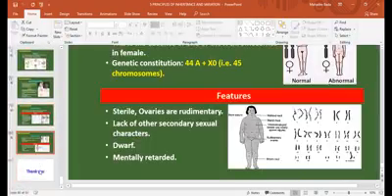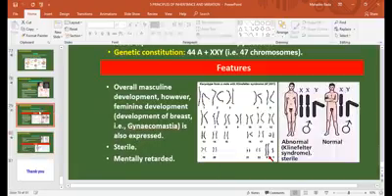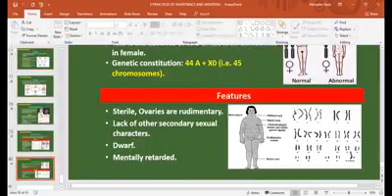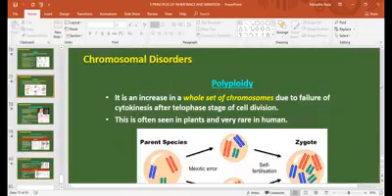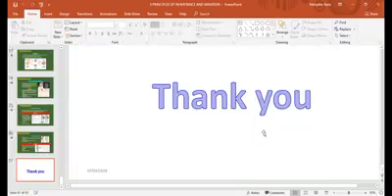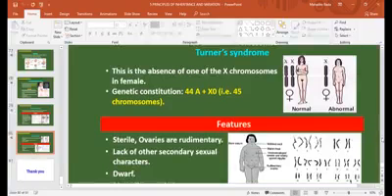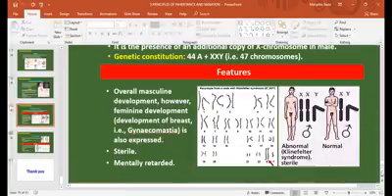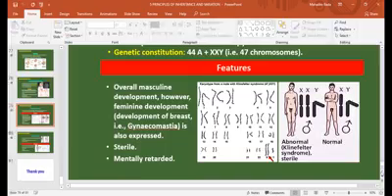Some of the characters which we are going to see: overall masculine development, however, feminine development of the breast, for example gynecomastia, is also expressed.